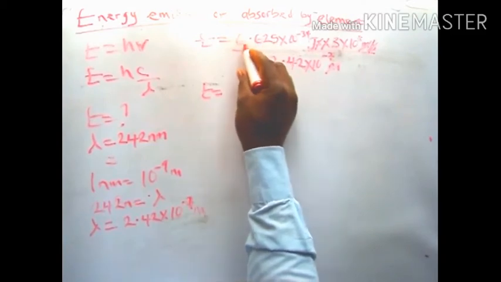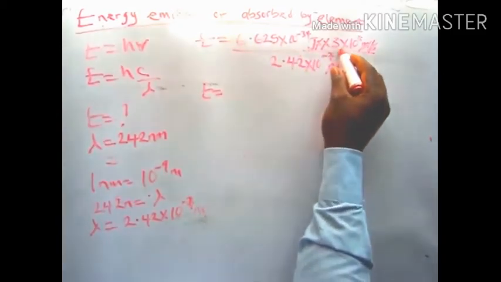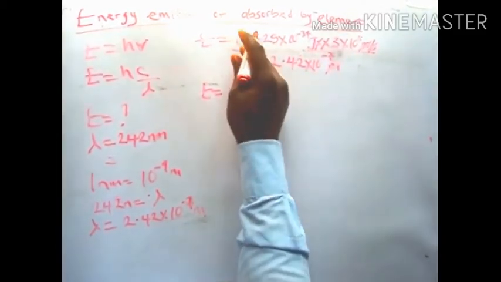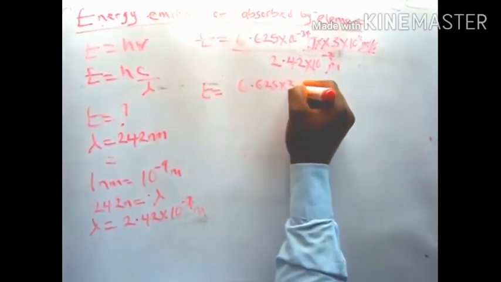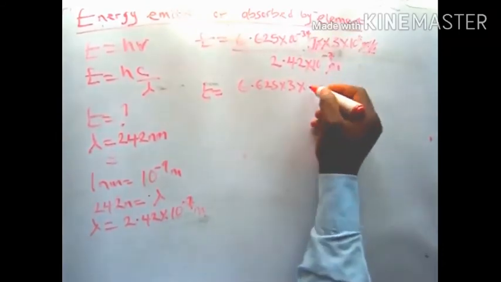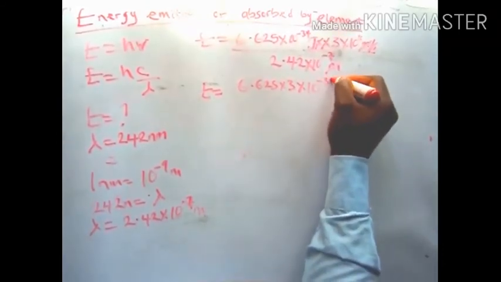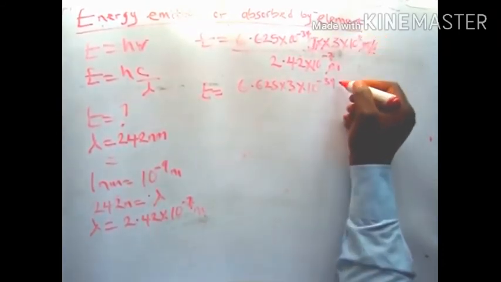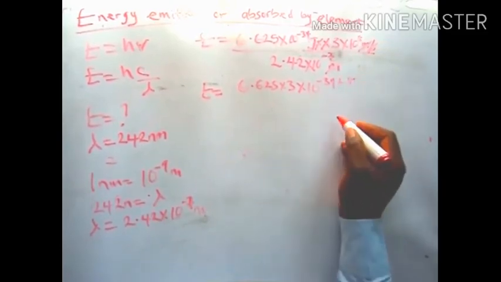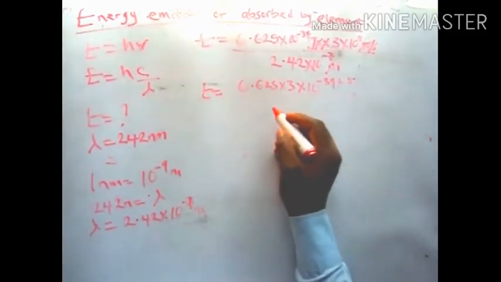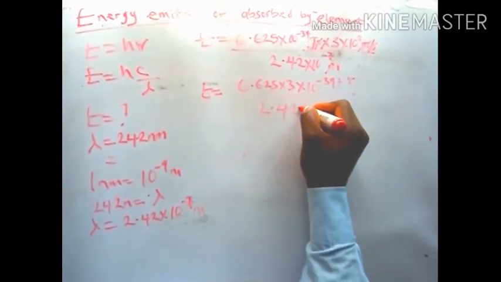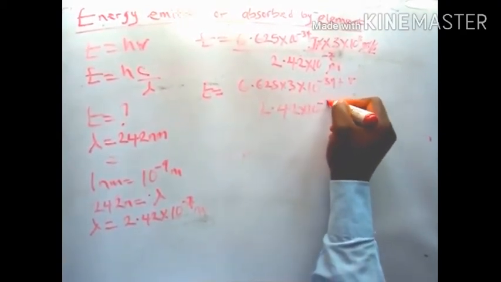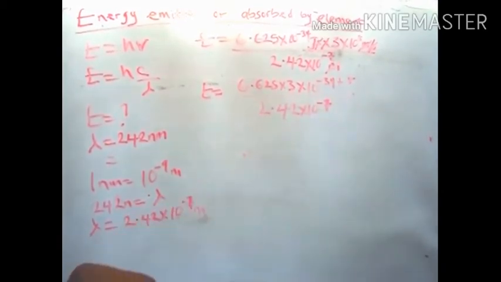So our energy: 6.625 multiplied by 3, let's do it like this. 6.625 multiplied by 3, then multiply the powers, minus 34 plus 8, that's your indices. You now have, divided by 2.42 times 10 raised to the power minus 7. Sorry for the marker.